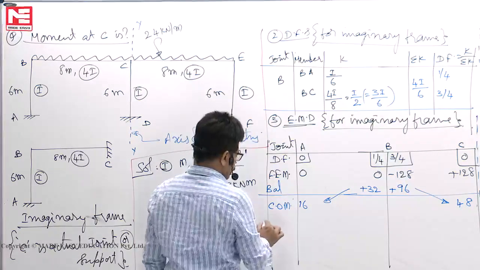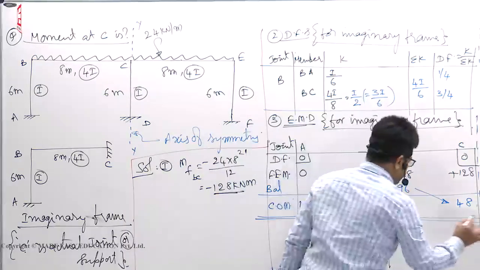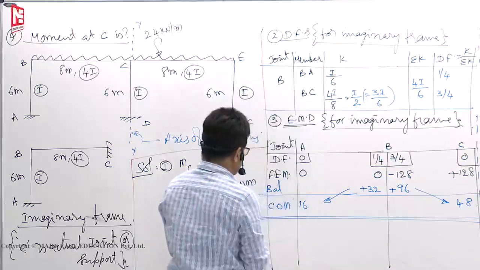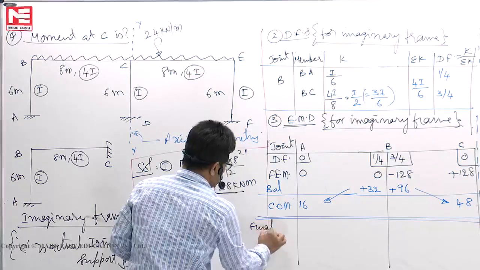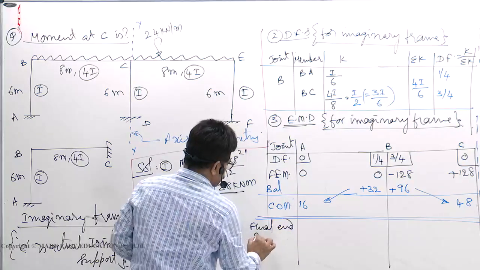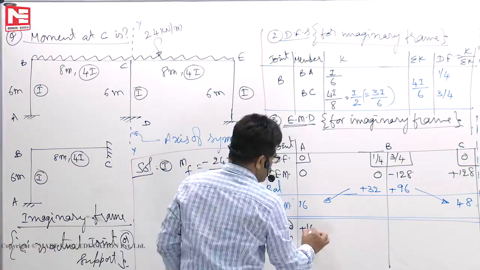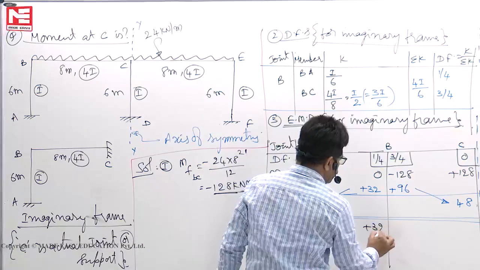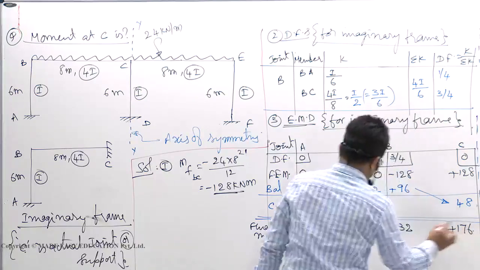Okay. So now the net, final end moments, we can calculate. After distributing, the moments that you get are called final end moments. This is fixed end moments. Final end moments: plus 16, plus 32, minus 32, plus 176.